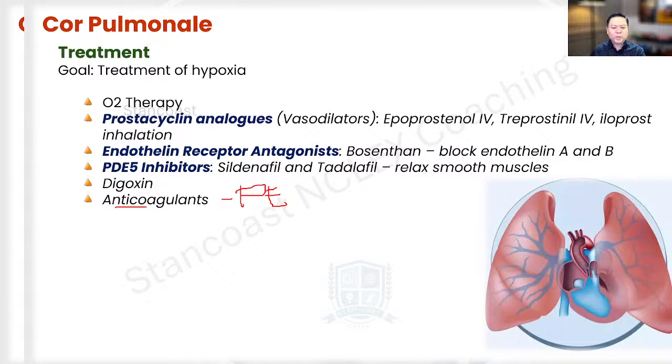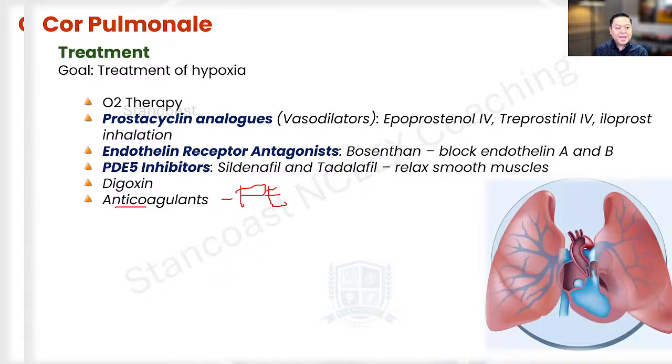Remember the pulmonary embolism lecture, especially when there is a massive or submassive type of pulmonary embolism, with a blood clot lodging into a huge portion of the pulmonary artery. In this case, the anticoagulants will prevent the growth of that blood clot. This will really benefit the patient and lessen the development of right-sided heart failure.